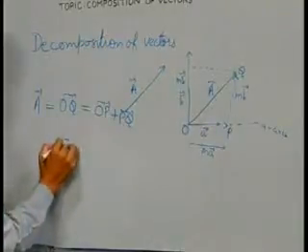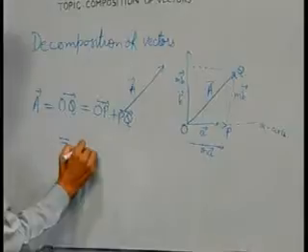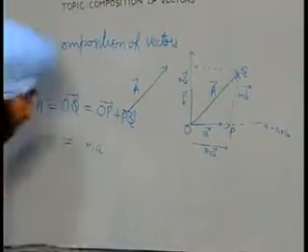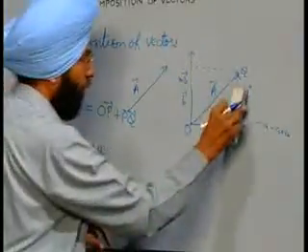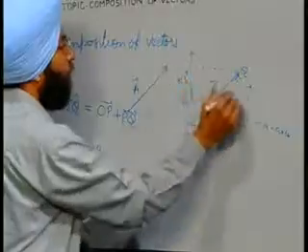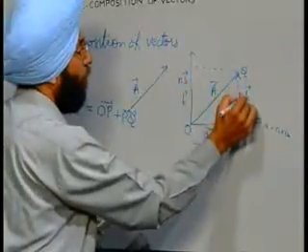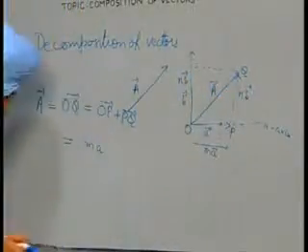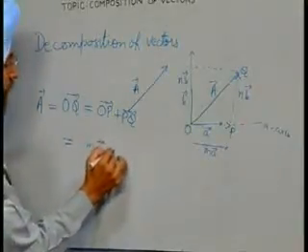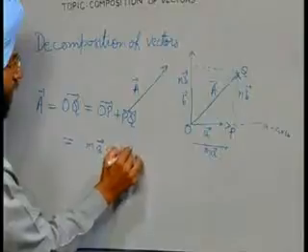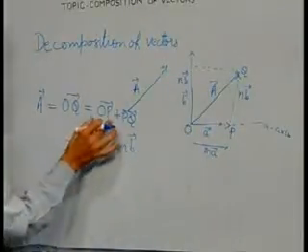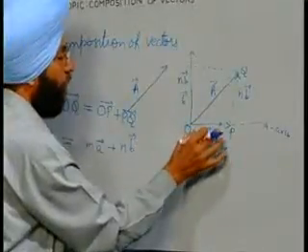So, we can write this as M A plus, sorry, this should be N B, some other number which may or may not be equal to M. M A is supposed to be a unit vector.